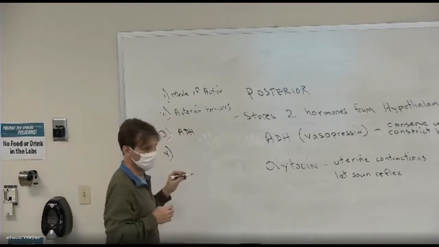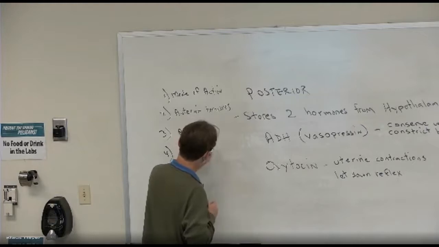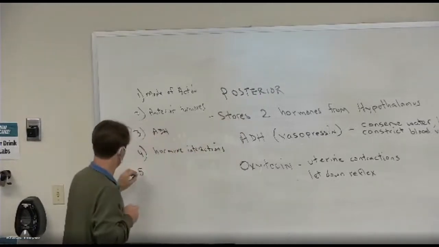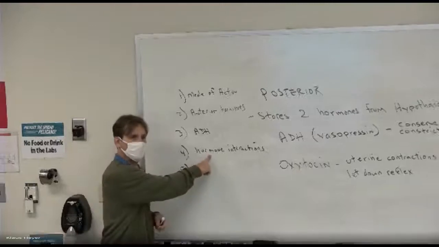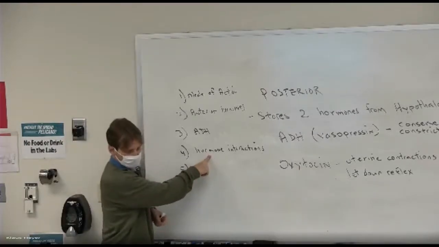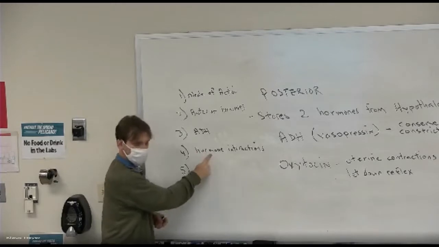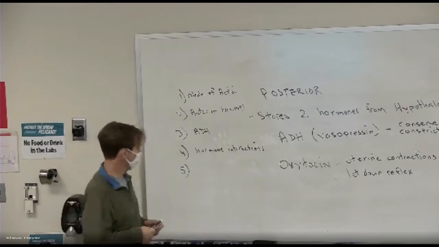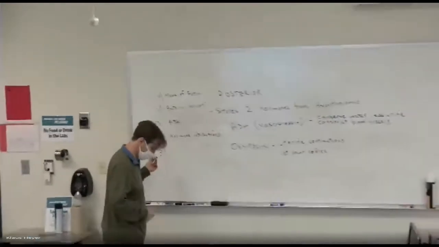Four, hormone interactions. Hormone interactions were permissive, synergistic, antagonistic. I'll go over them in a second. Five, what else?